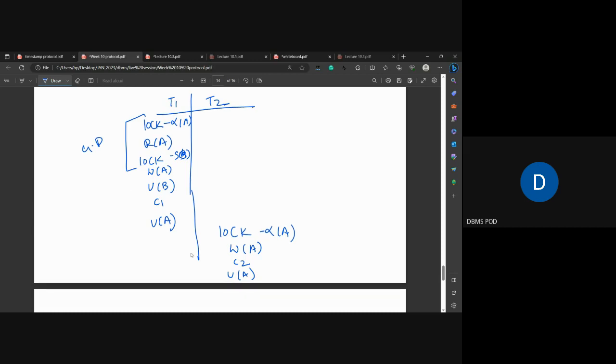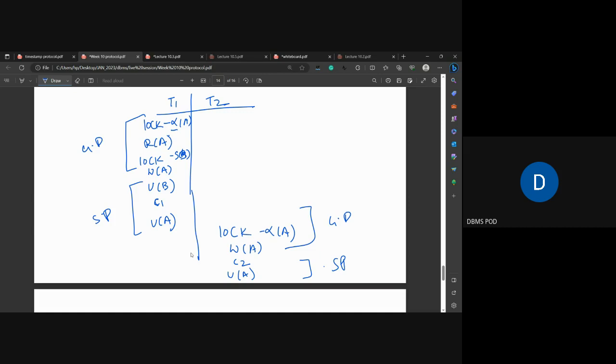And in S2PL, an exclusive lock applied on a data item should be unlocked after the commit operation. Then we can say that this is S2PL.